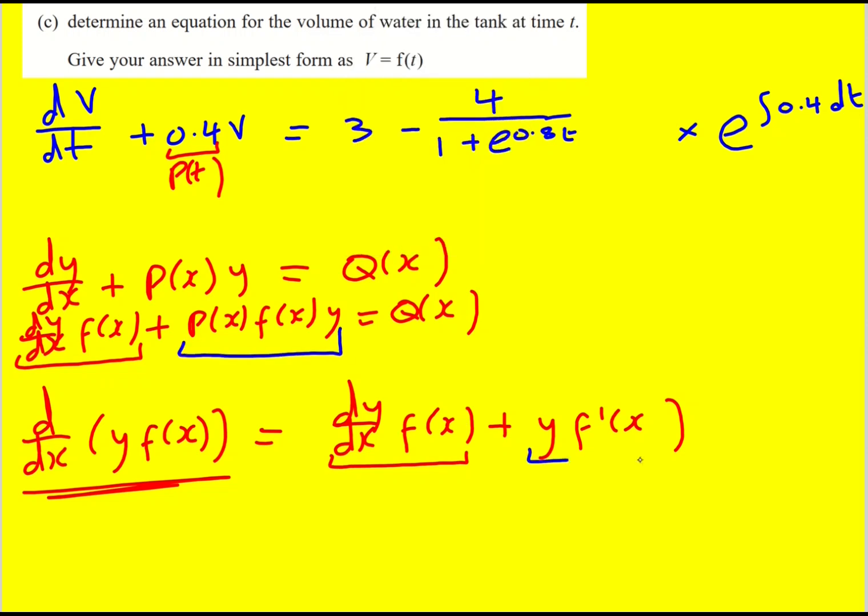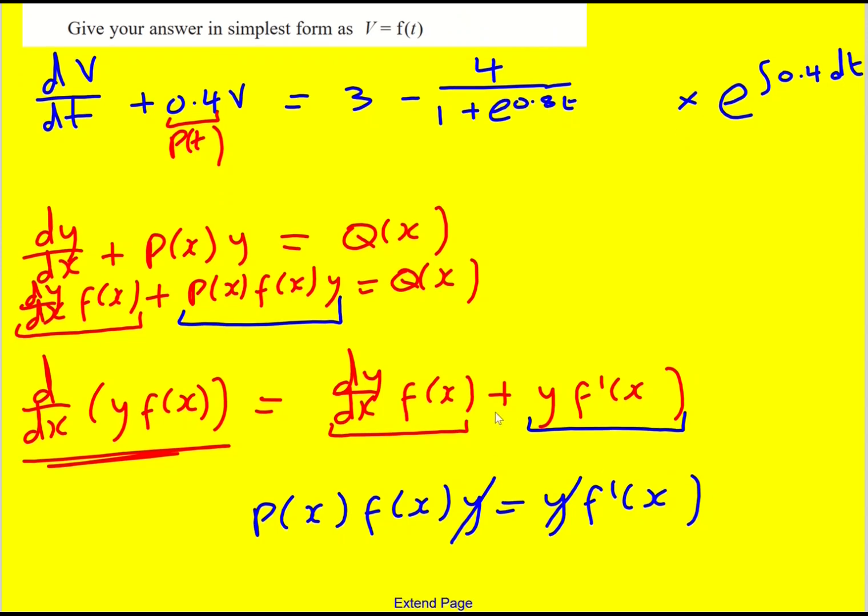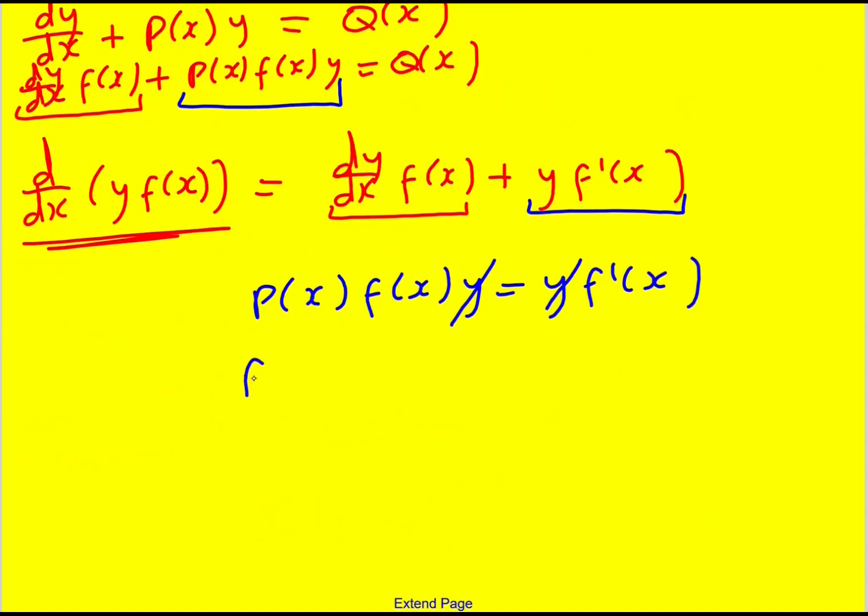This must therefore be the same as this. I'm basically ensuring that that is the case. I can now write down that p of x f of x y is equal to y f dash x. Cancel out the y's. That means f dash x over f of x is going to equal p of x.